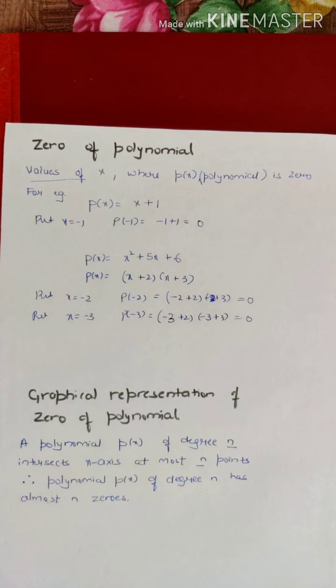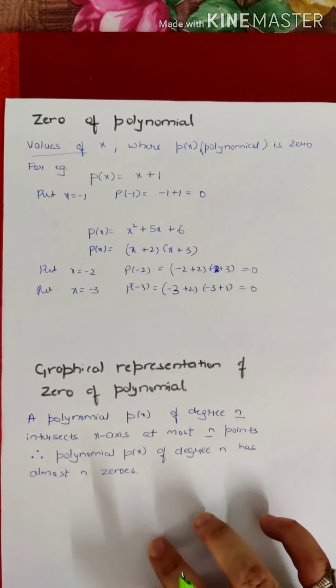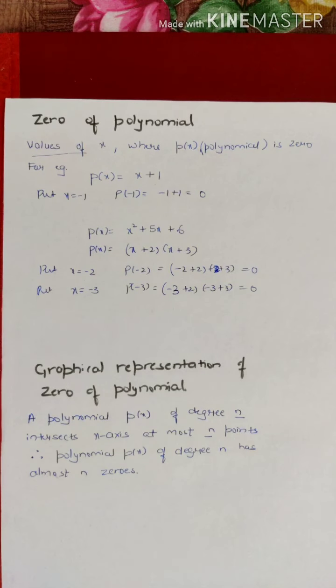So here you can say that x equals minus 2 and minus 3 are the zeros of the polynomial. The next topic, the very easy one, is the graphical representation of the zero of the polynomial.